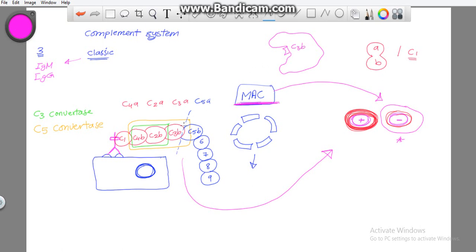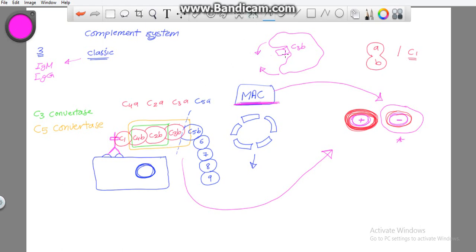So if we have a deficiency from C5 onward, the C3b comes and binds with that C3b receptor on the macrophage or on the neutrophil, and it will enhance phagocytosis of that microbe or of that pathogen.